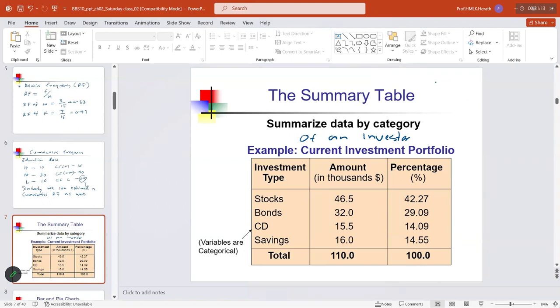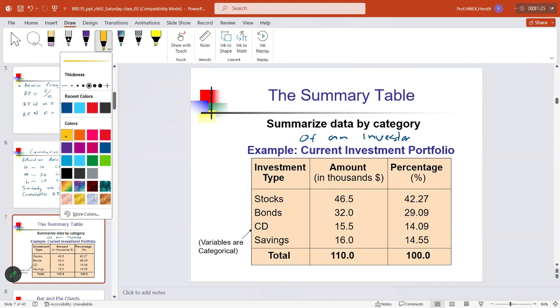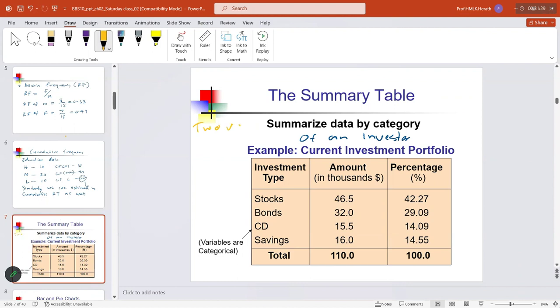In this context, we have two variables. The first is investment type, and the second is the amount invested.